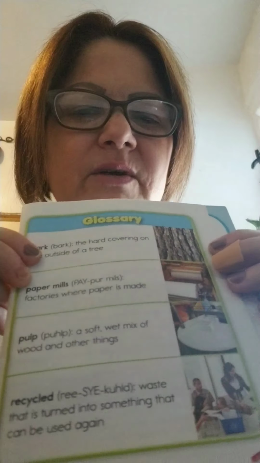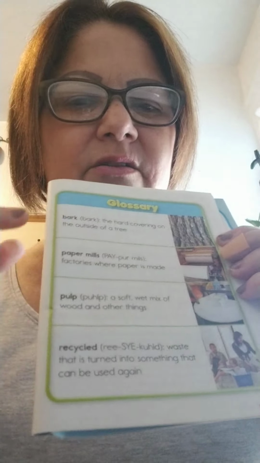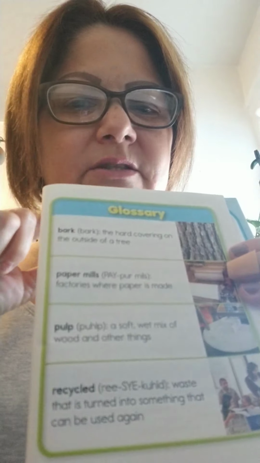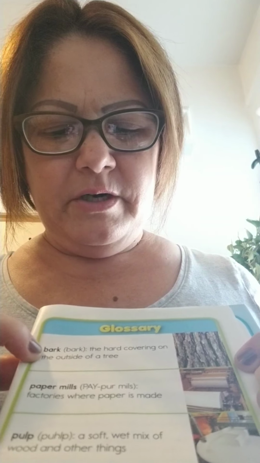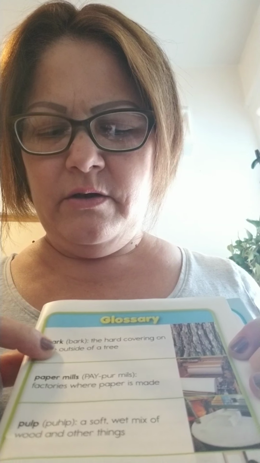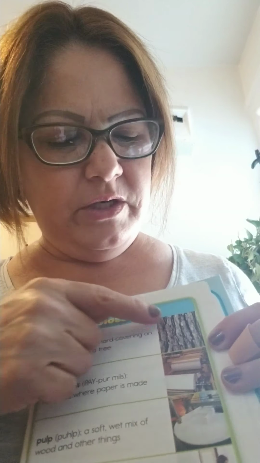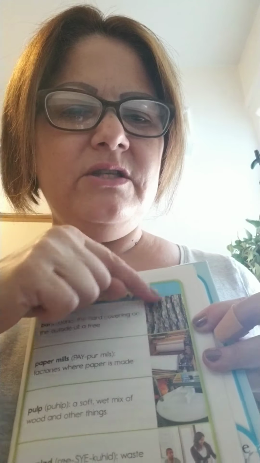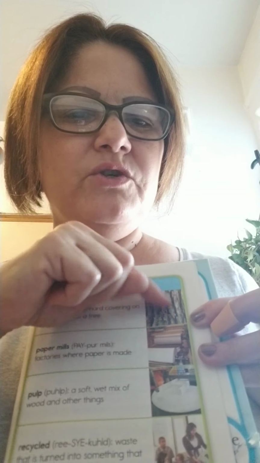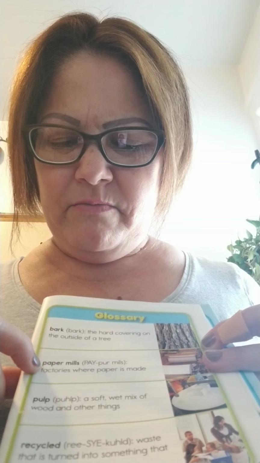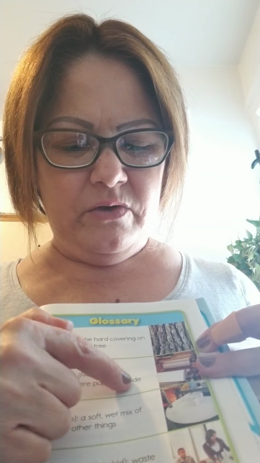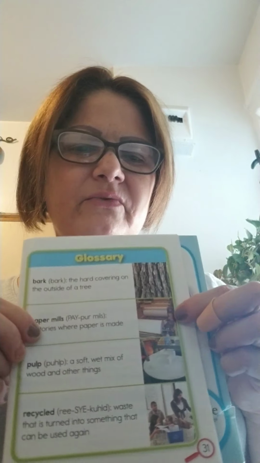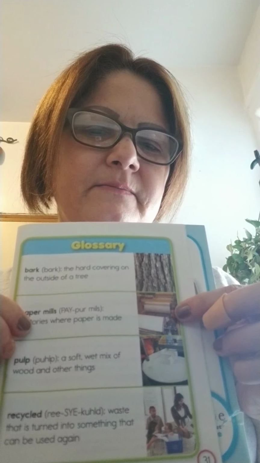And we have the glossary here. Glossary are the words that we're going to find in the story that I read, right? Bark is the hard covering on the outside of a tree. The barks are the pieces that they took out. These are the chips, the little wood chips. Paper mill. Paper mill is a factory where paper is made. This is a factory where the paper is made.